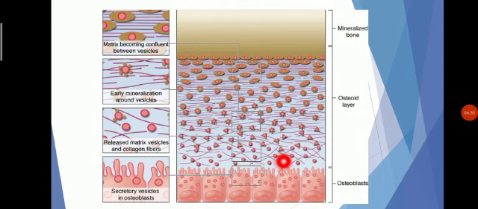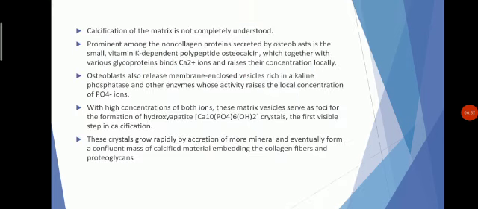These osteoblast cells secrete vesicles, and these are released into the matrix with collagen fibers. Then early mineralization occurs around the vesicles, and the matrix becomes confluent between the vesicles. So these are the secretory vesicles in the osteoblast.